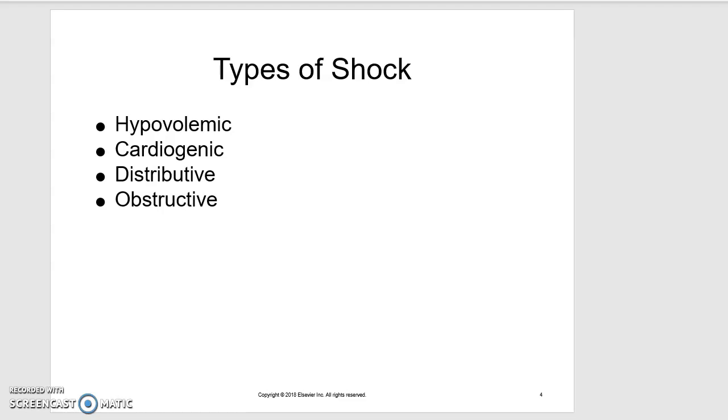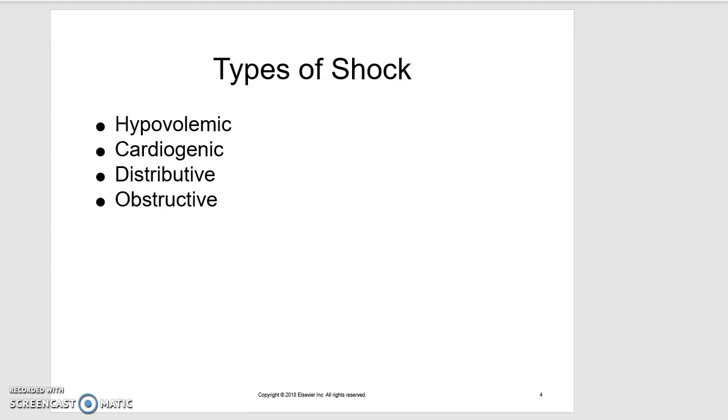The heart itself remains normal, but conditions outside of the heart prevent either adequate filling of the heart or adequate contraction. Cardiac tamponade is the most common cause of obstructive shock. We talked about cardiac tamponade in the last lecture, and that's when fluid builds up in the sac that surrounds the heart and makes it difficult for the heart to function properly.